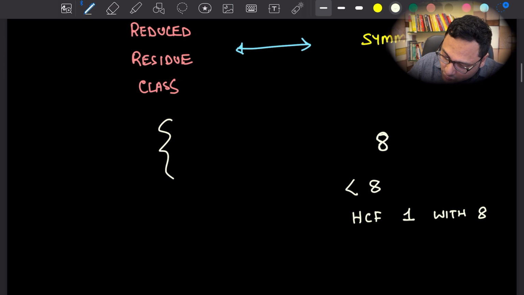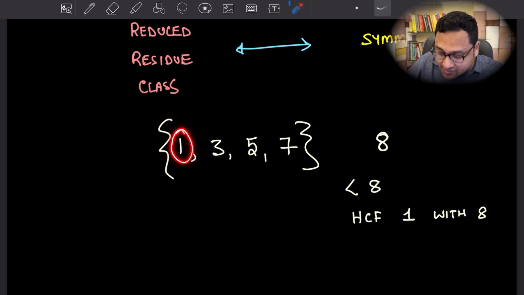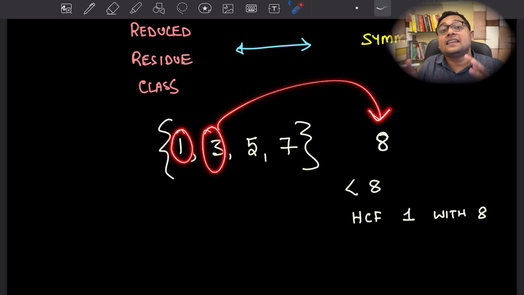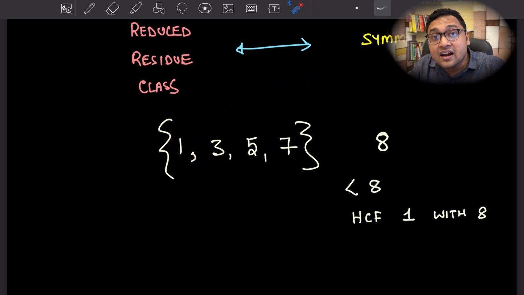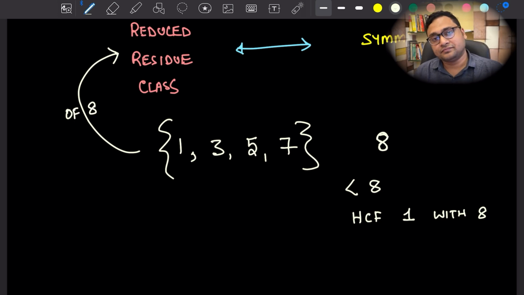So what are those numbers? Well, 1, 3, 5 and 7, right? Each of these numbers is smaller than 8 and has HCF 1 or GCD 1 with 8. So this particular set is known as the reduced residue class of 8.